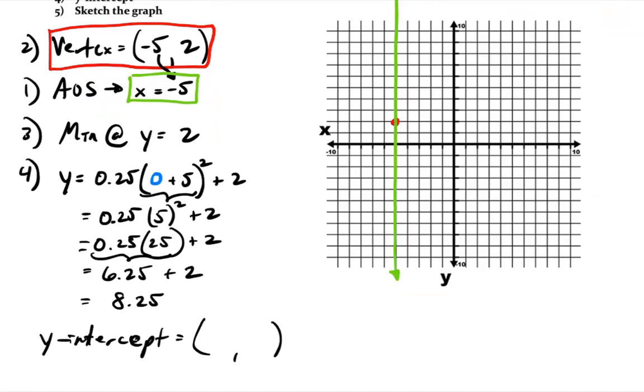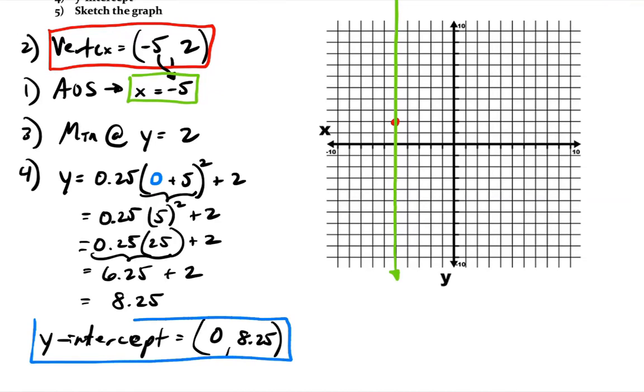So if it's an x-intercept, or sorry, y-intercept, x is going to be 0. 8.25, a little bit bigger than 8. 1, 2, 3, 4, 5, 6, 7, 8. A little bit more is right about there.